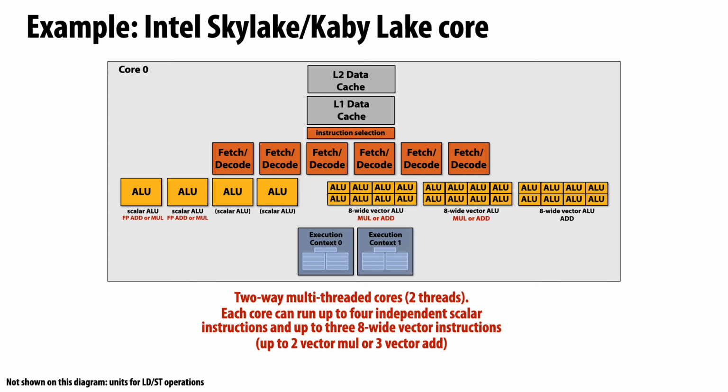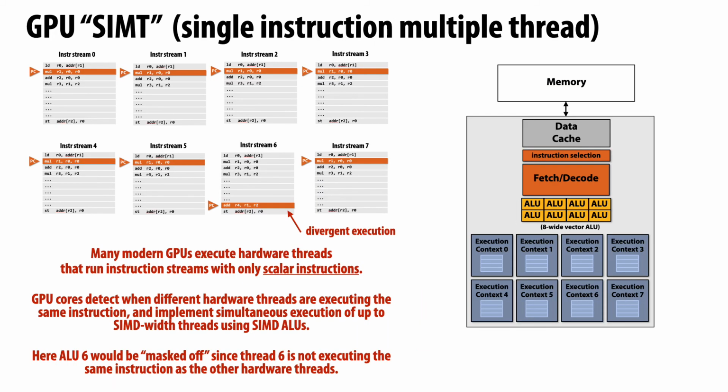Now, everything I've said, I've kind of used the language of CPUs a little bit. All the same principles hold on a GPU. Things work just a little bit differently. I've introduced all these concepts in terms of the compiler generating SIMD vector instructions. And on most GPUs, things work a little bit differently. So the GPU is given a bunch of regular scalar threads, and these threads only issue scalar instructions.